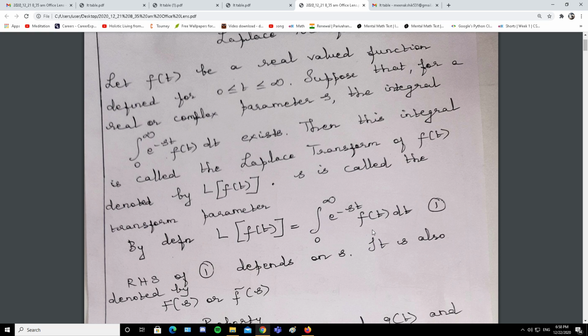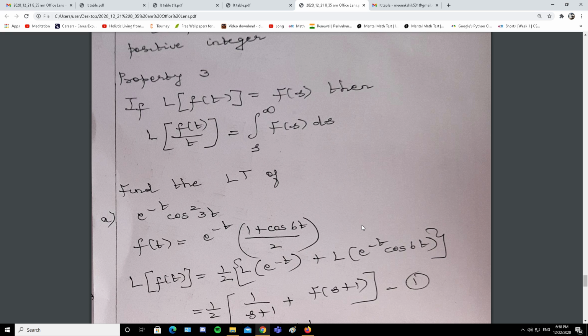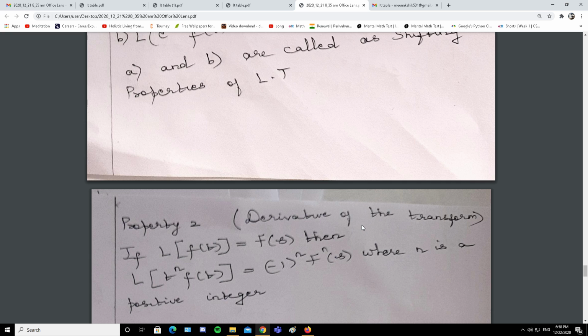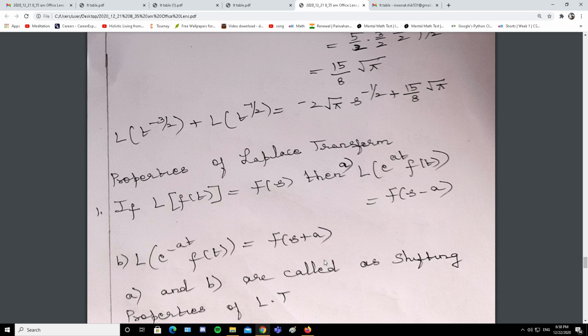So in the shifting property, we see what happens when there is a change in time, or in other words, what happens when there is a decrease or an increase in frequency. That's what we have in the shifting property.